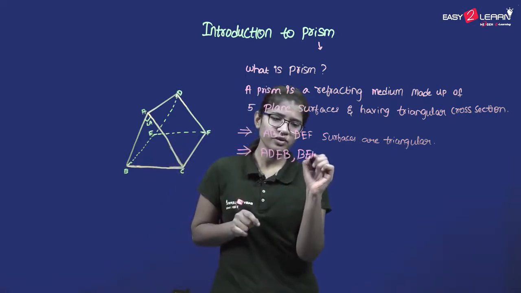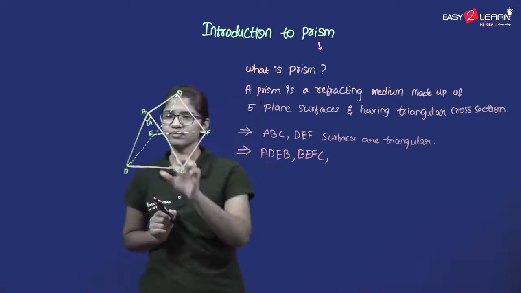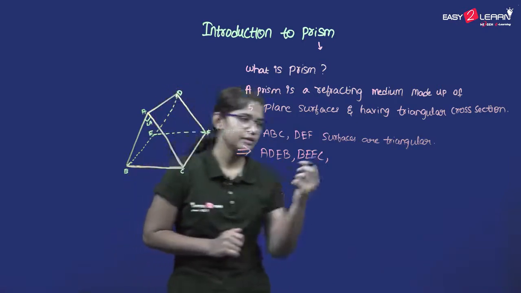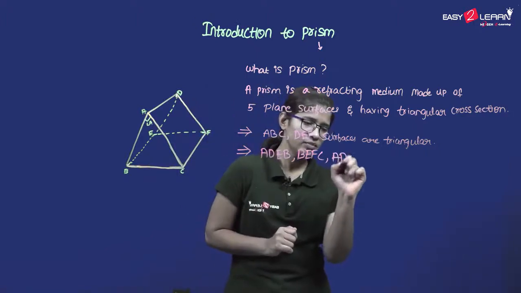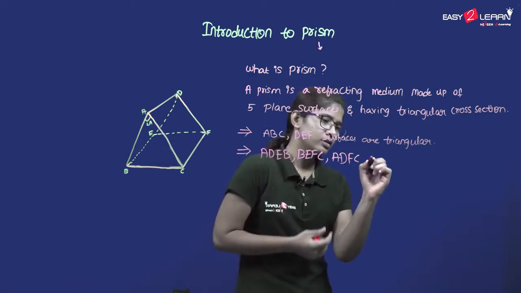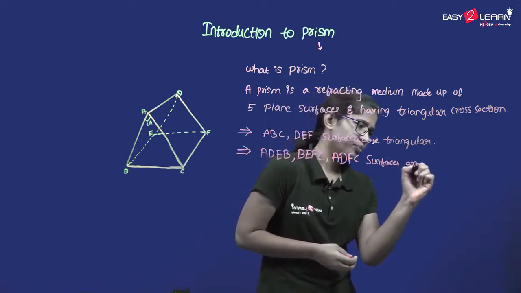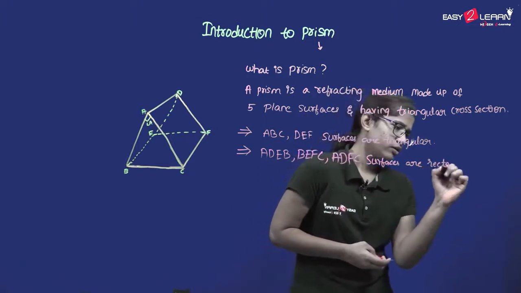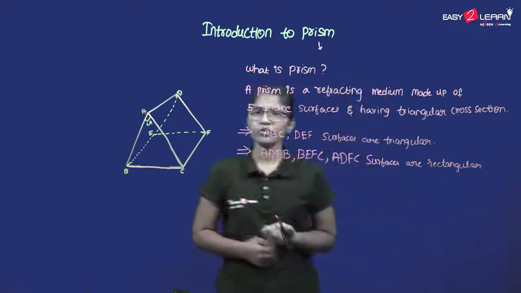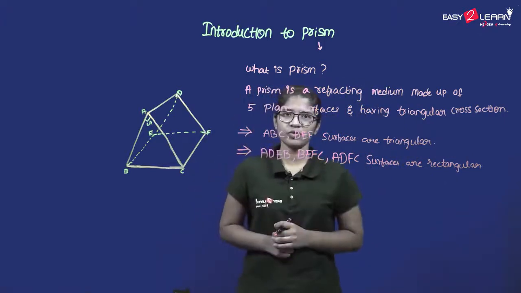The other surface is ADFC. These surfaces are rectangular. So in this way we are able to see what a prism is, right?